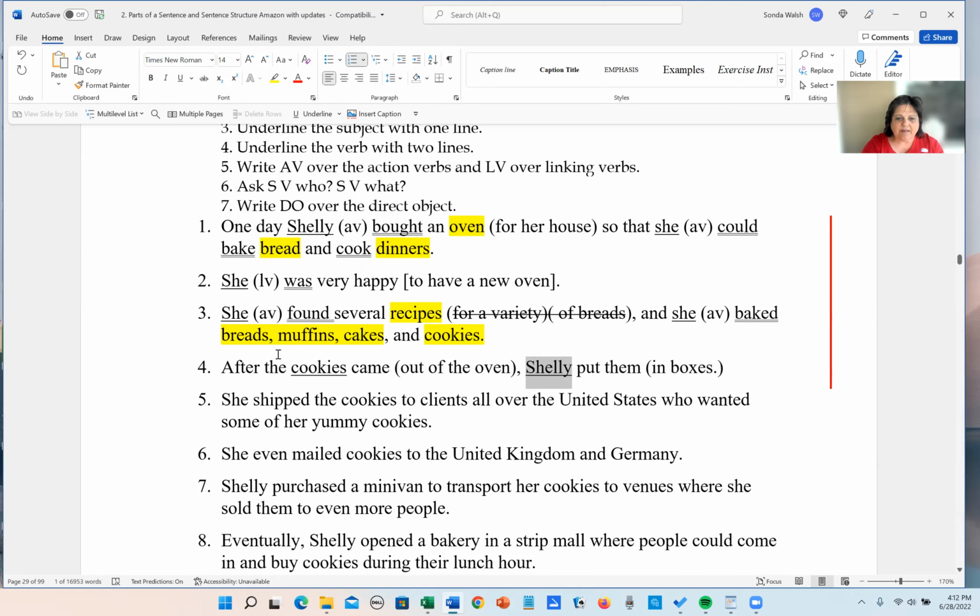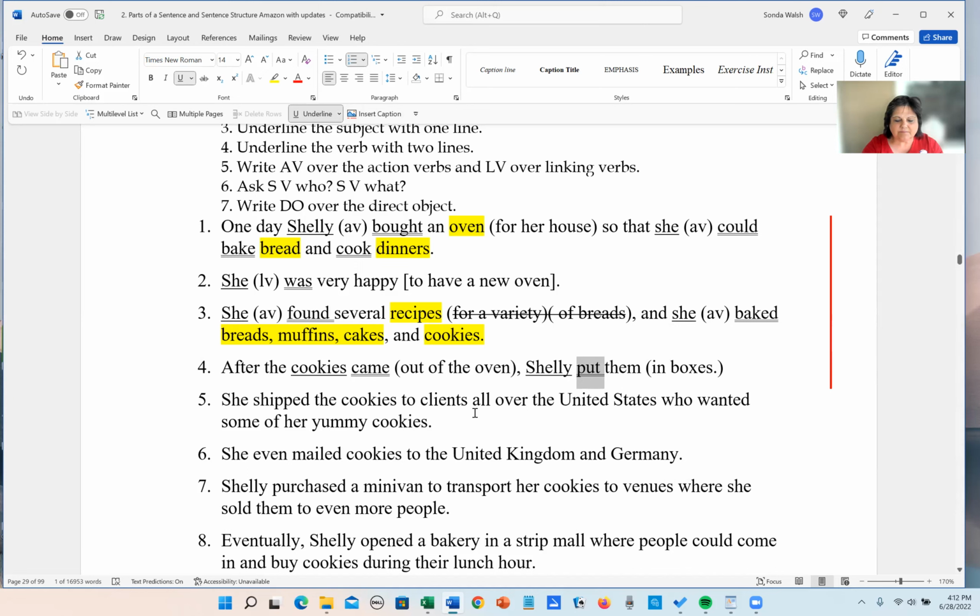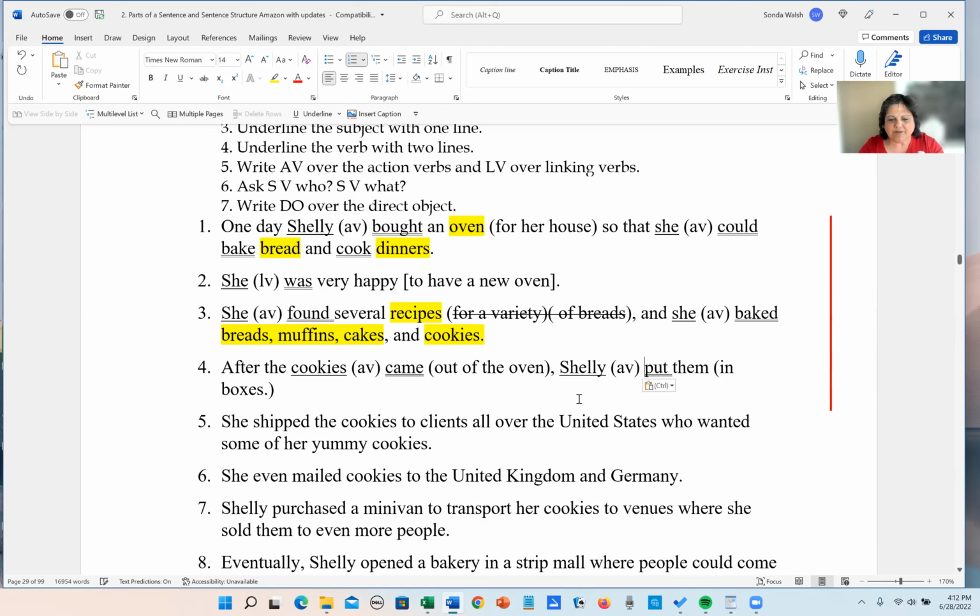Okay. The next thing we need to do is identify our verb. So cookies came. And put. So came is an action verb and put is an action verb.